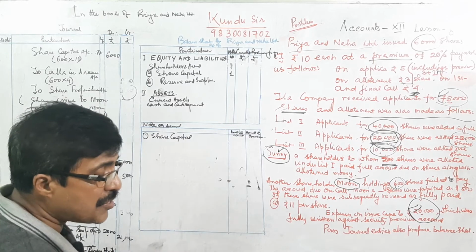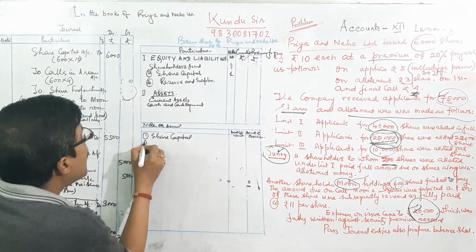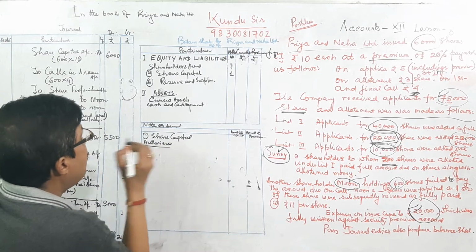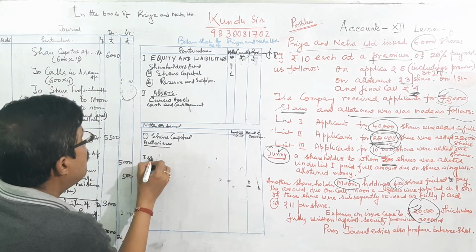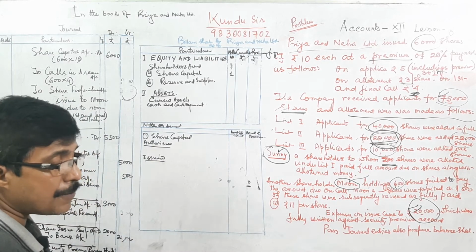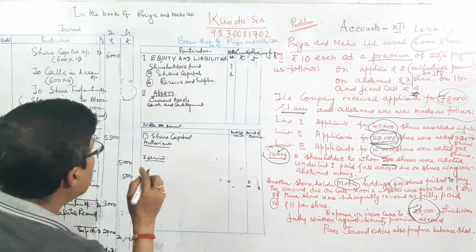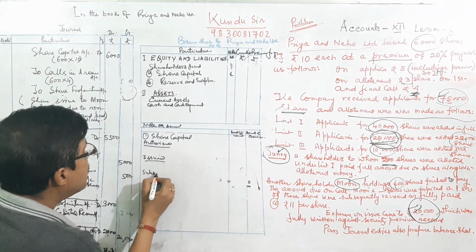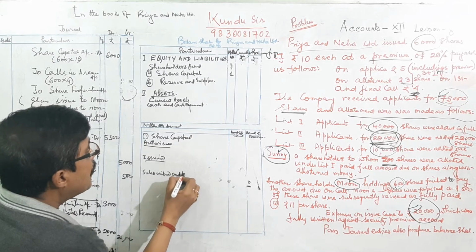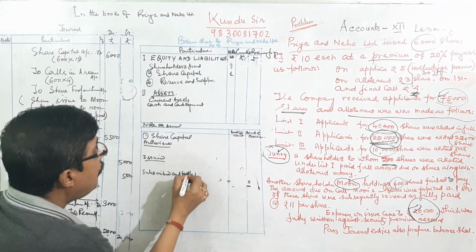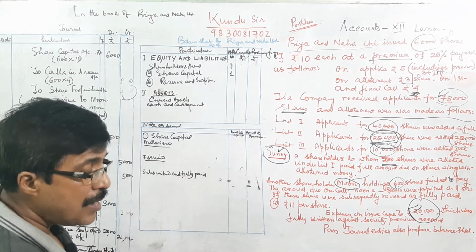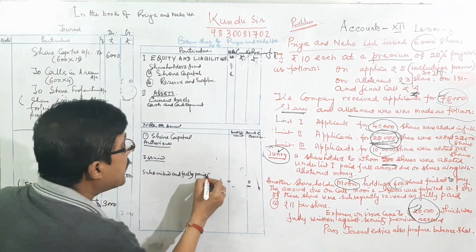One is authorized, then issued, then subscribed and fully paid capital.